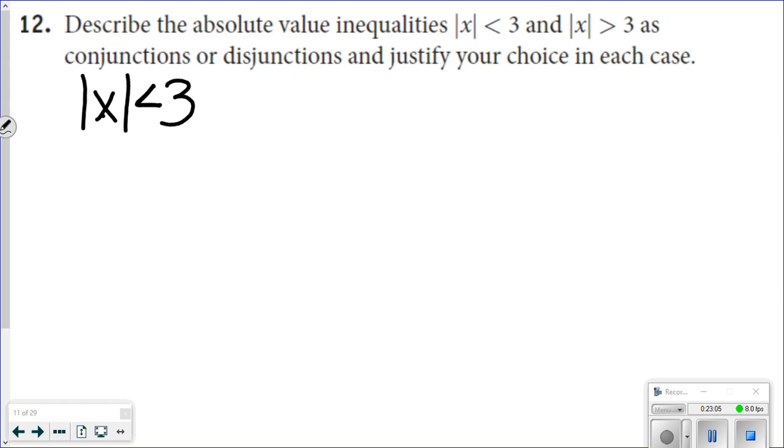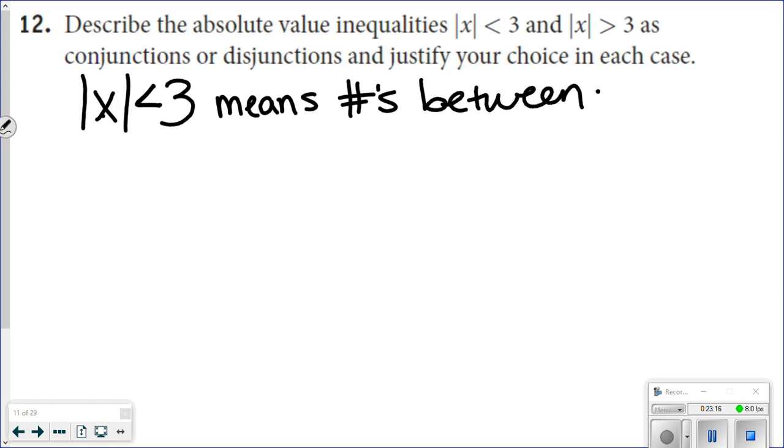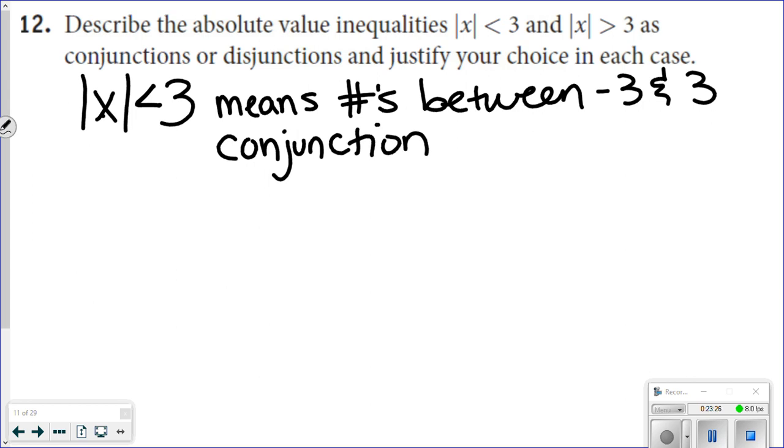And because this is a less than, this means that we're talking about numbers between -3 and 3. So this is a conjunction, because we're going to shade in the middle to connect between -3 and +3. Look at your less than sign. We're going to shade together in the middle.